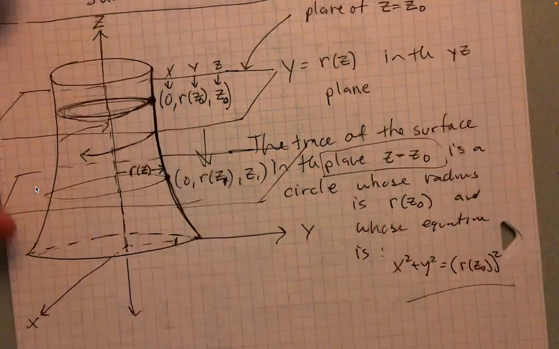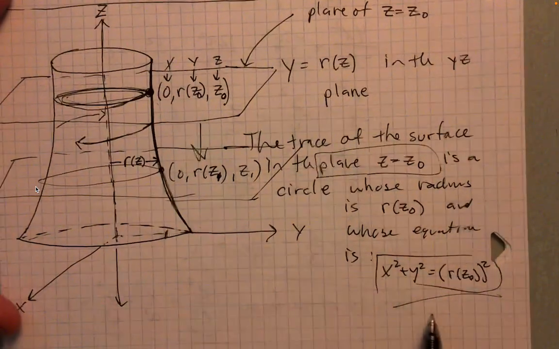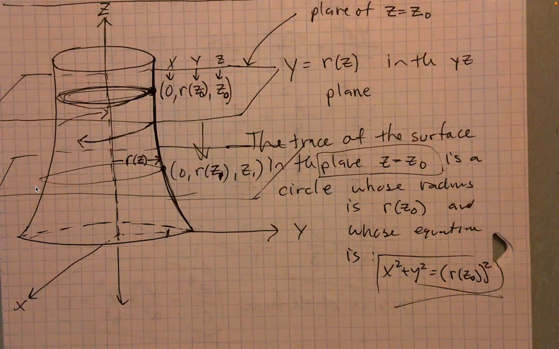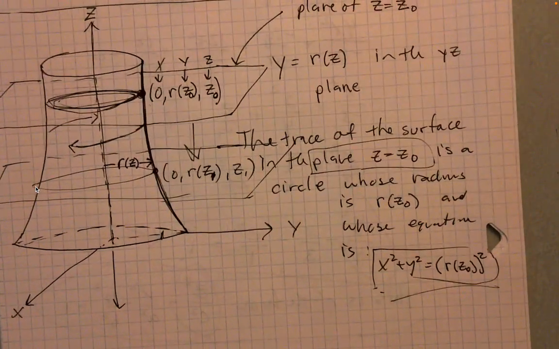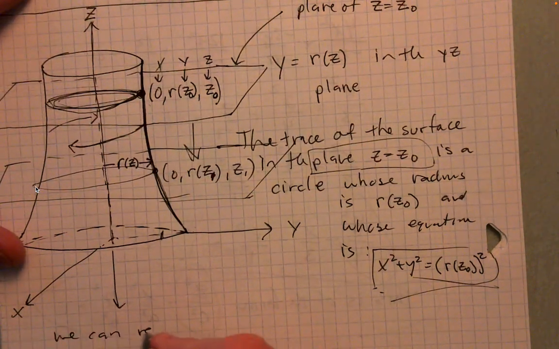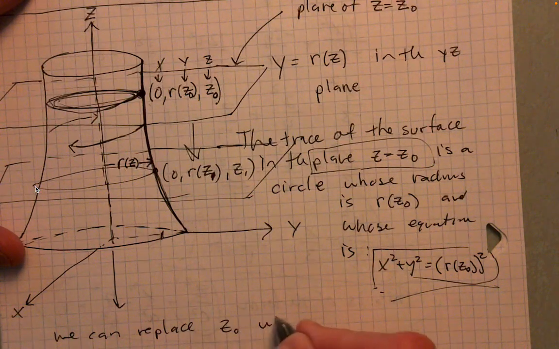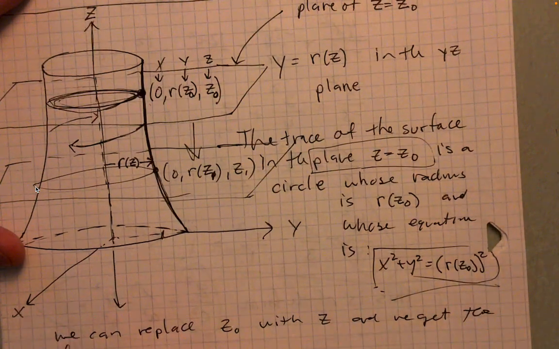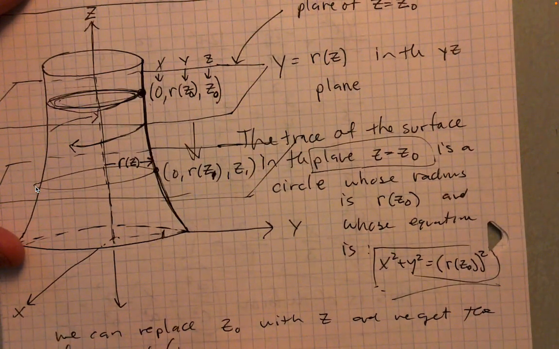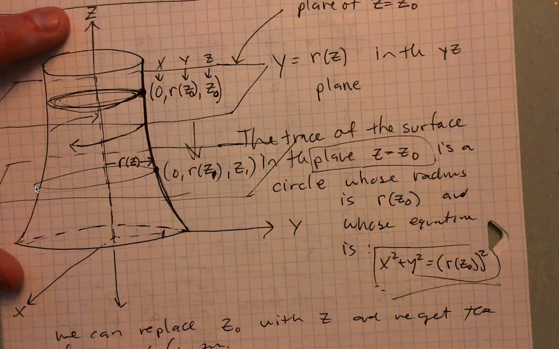Given this fact, that the trace of the surface in the plane z equals z naught is a circle whose radius is r of z naught and whose equation is x squared plus y squared equals r of z naught squared, all we have to do to identify these surfaces is to know this equation. We can replace z naught with z, and we get the following definition.